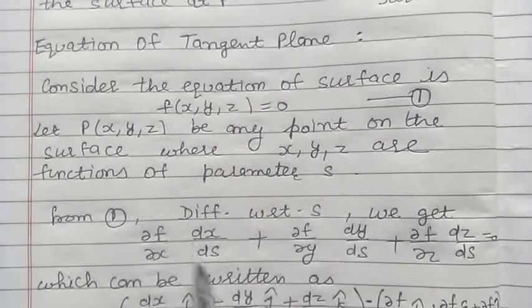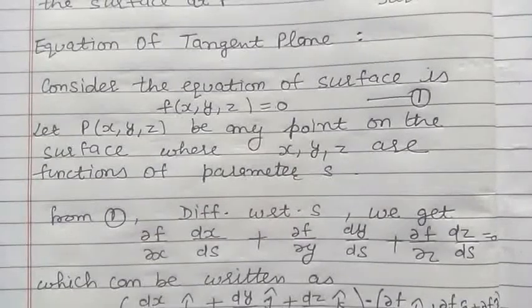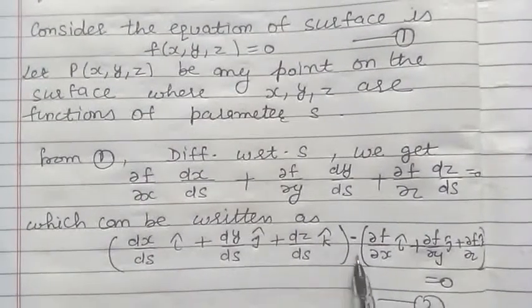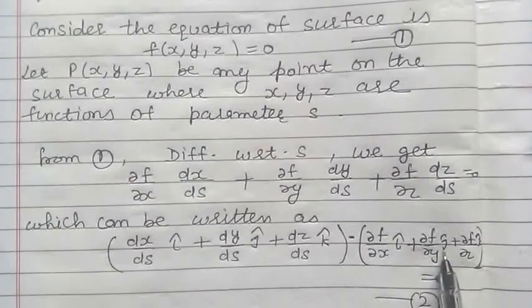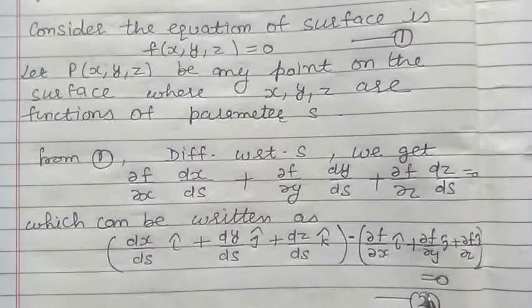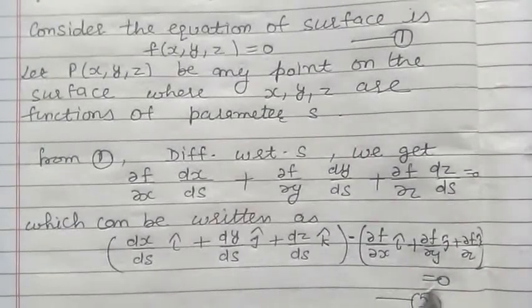So this dx/ds, dy/ds, dz/ds, in the vector form this will become (dx/ds i cap plus dy/ds j cap plus dz/ds k cap) dot (∂f/∂x i cap plus ∂f/∂y j cap plus ∂f/∂z k cap) is equal to 0. Now this expression denotes the gradient of f.